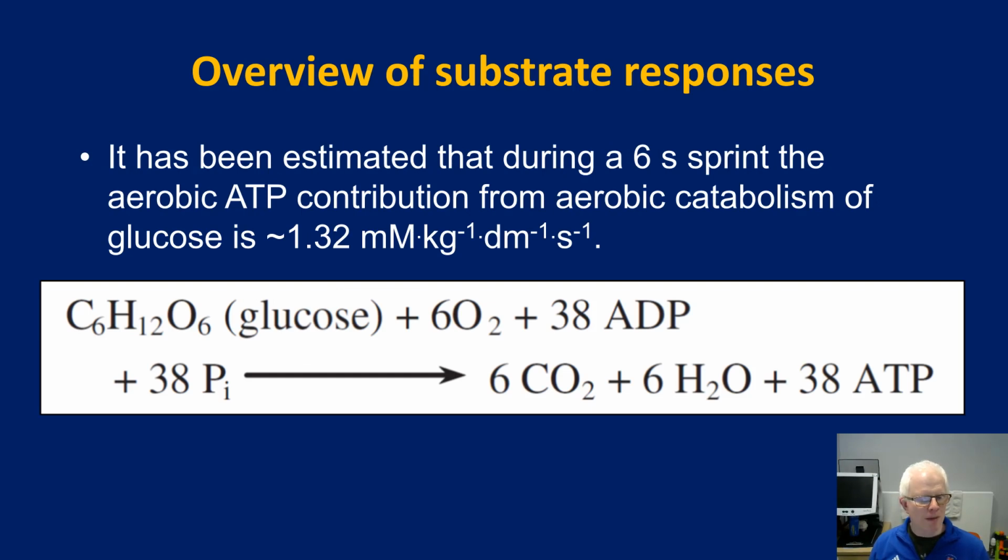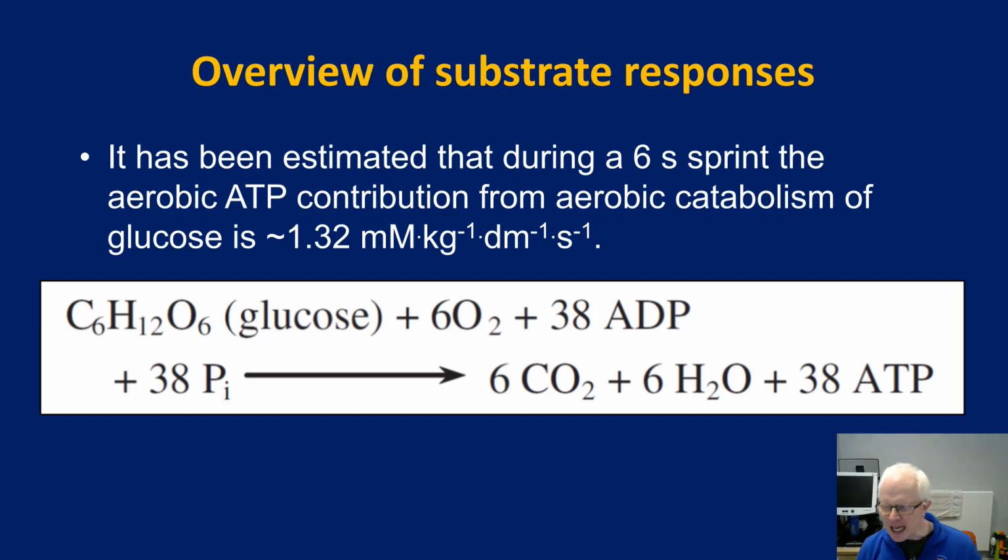If we look at aerobic metabolism, it's a much more complicated process, because here you'll notice there are a lot of other factors at play. We're using glucose, C6H12O6, and there's a lot of CO2 being produced in this process. But the key here is anywhere between 36 and 38 ATP. Again, it depends on whether it starts with glucose or glycogen.